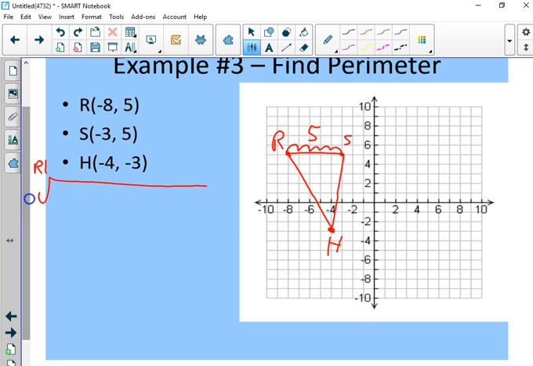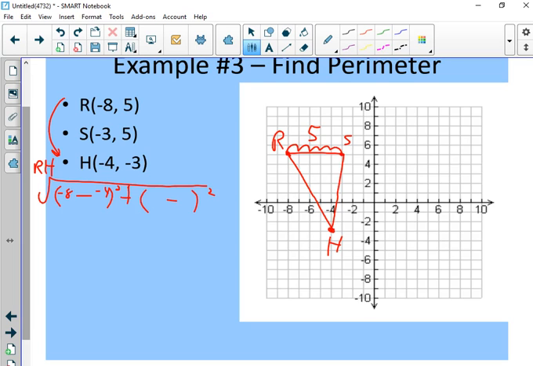So I'm going to say this one's RH. Again, I like to fill this out ahead of time. I'm going this way. So I'm going to do negative 8 minus negative 4. This is why I like to put the negative in first, so I don't accidentally write negative 8 minus 4. It's negative 8 minus a negative 4.